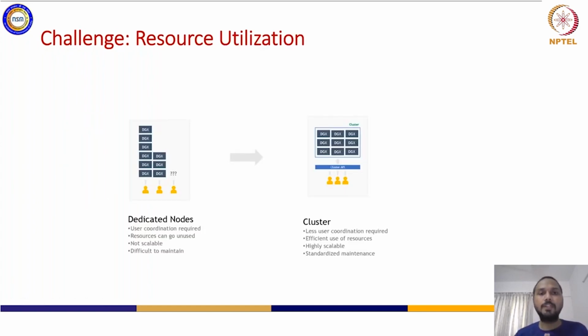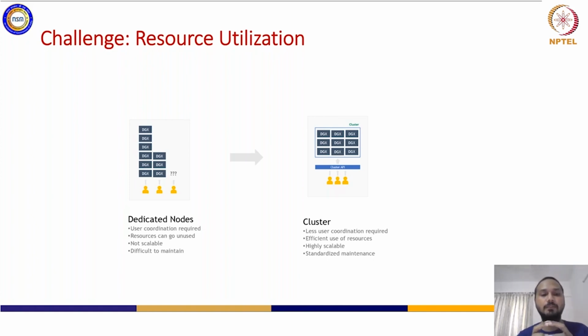The fundamental problem that we are trying to solve here is the resource utilization problem. If you had your own dedicated node, which means I have my own machine and I can just do things on my machine, and I don't care about the other folks, they can get their own machines. But that scenario is very rare.